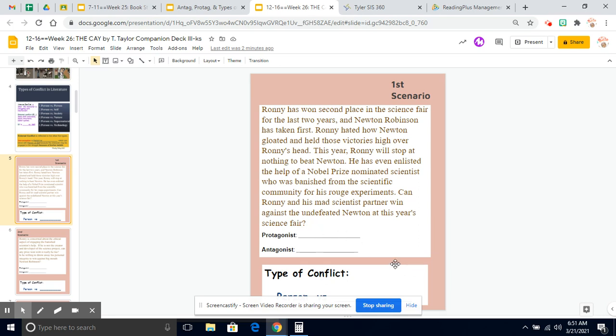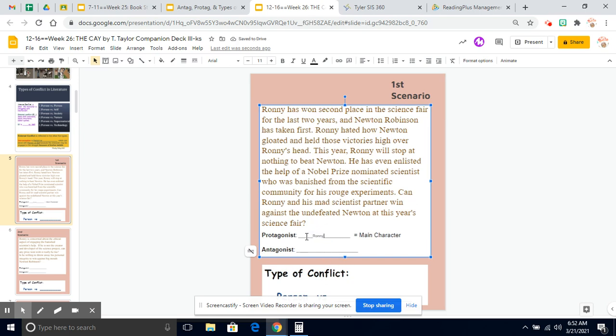So, first off, the main character, the protagonist, equals main characters. And the main character of this one would be, you got it, Ronnie. R-O-N-N-Y. I'm not sure why that's so small, so I guess I better fix that before y'all have to deal with it.